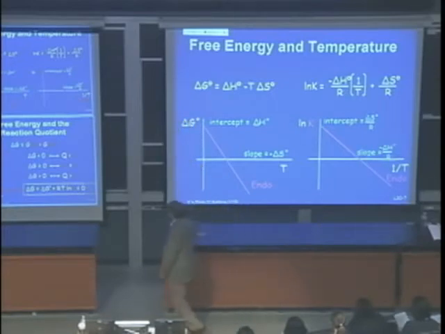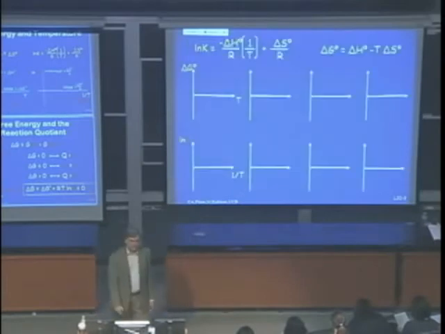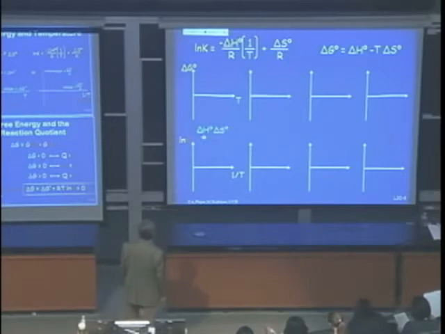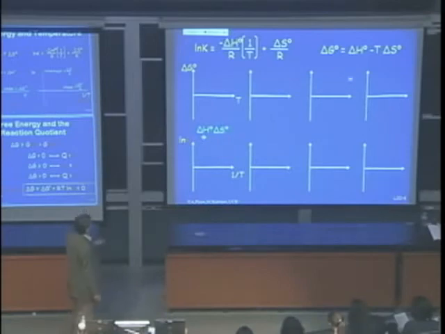So if I give you something like this, you will be able to calculate this. There are all kinds of cases we can discuss. For example, we have delta H positive and delta S negative. And if delta S is negative, what would be the slope, negative or positive?